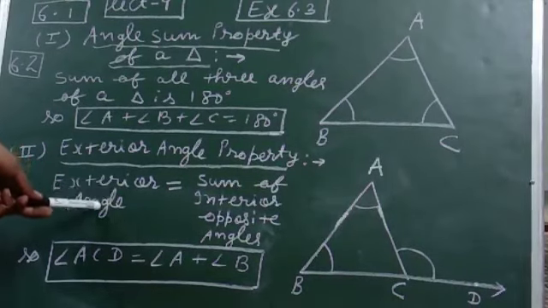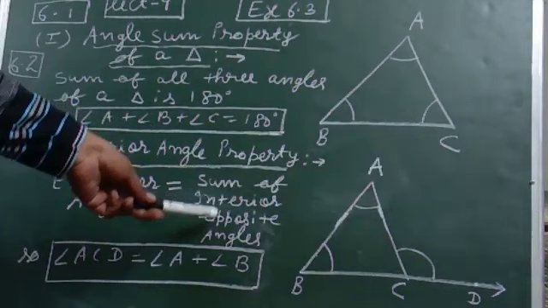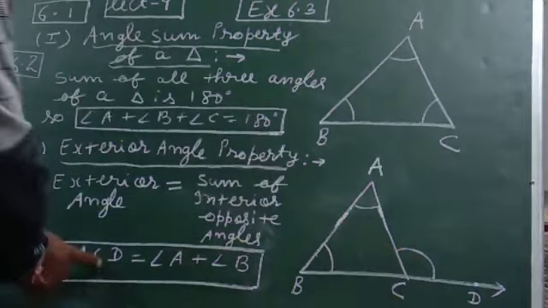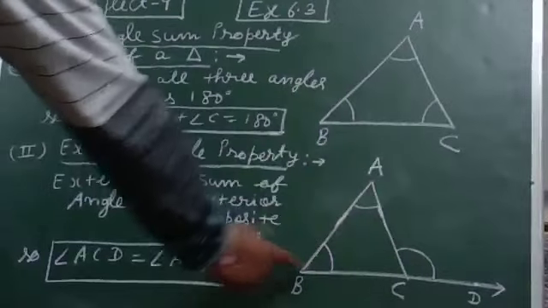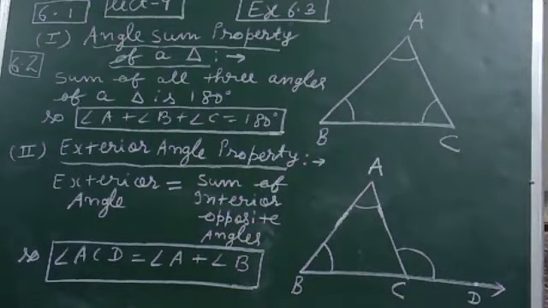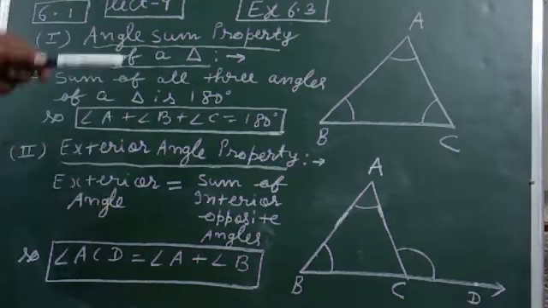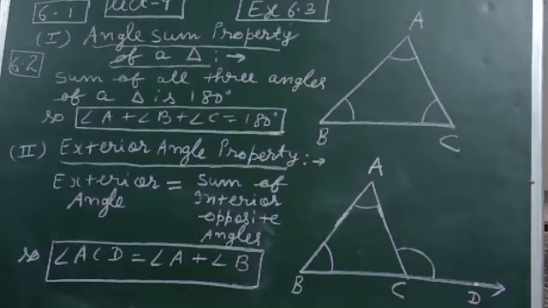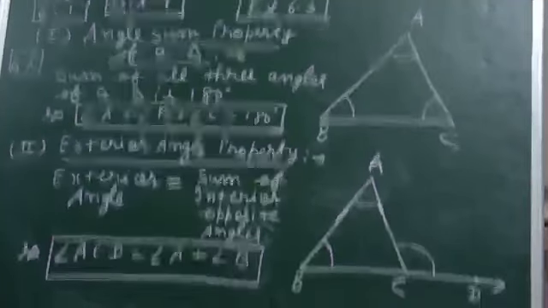Here exterior angle equals sum of interior opposite angles. So angle ACD will be equal to angle A plus angle B. So these two results you have to study in the third exercise. 6.1 generally has two results, linear pair of angles and vertically opposite angles. 6.2 generally has three results: corresponding angle, alternate interior angle, and conjugative interior angle.